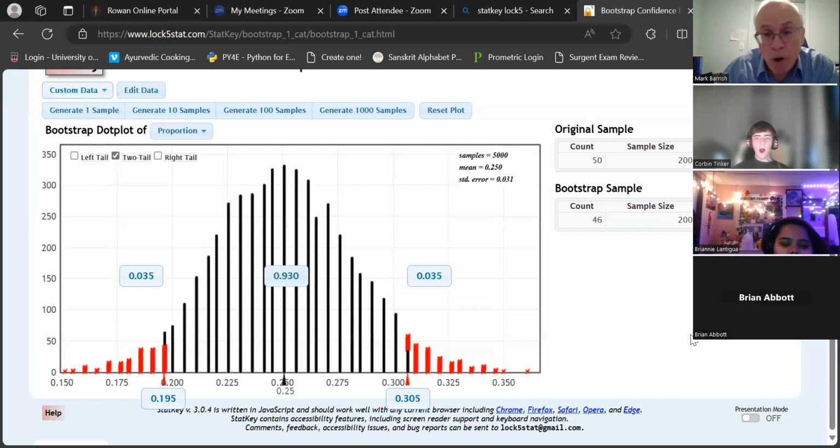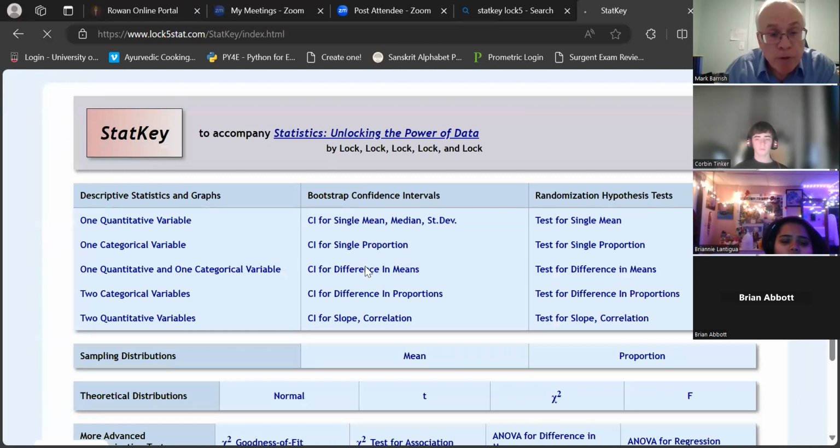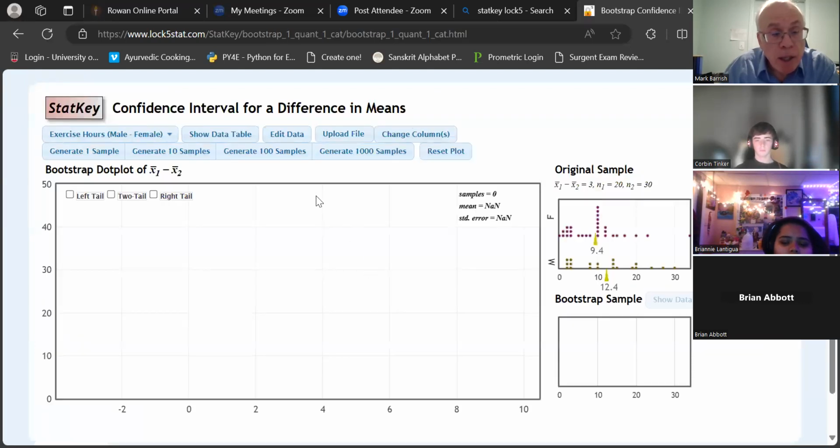And you could try this also with, let's go back to the original screen. They have examples with difference in means and difference in proportions. For example, difference in means here. We're looking at two groups. We're comparing the means of two groups. So here's two samples, right? And they give you information about each sample, the sample size for each sample.